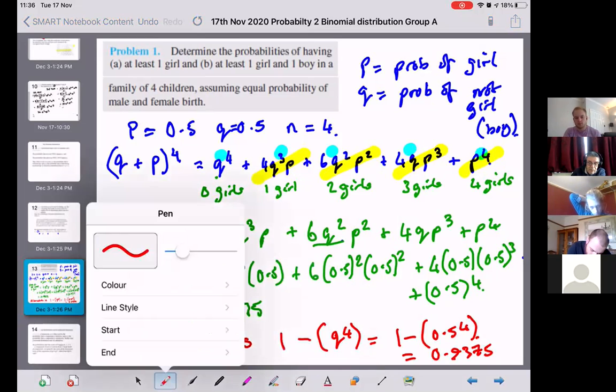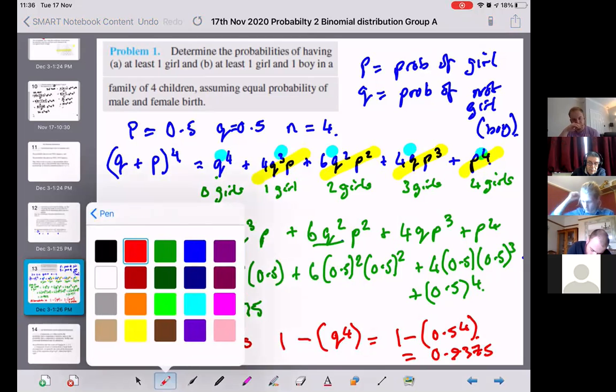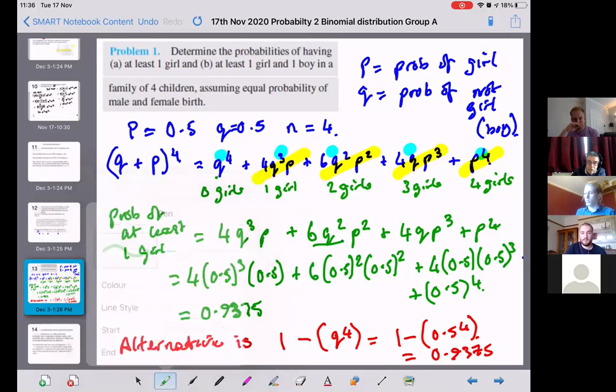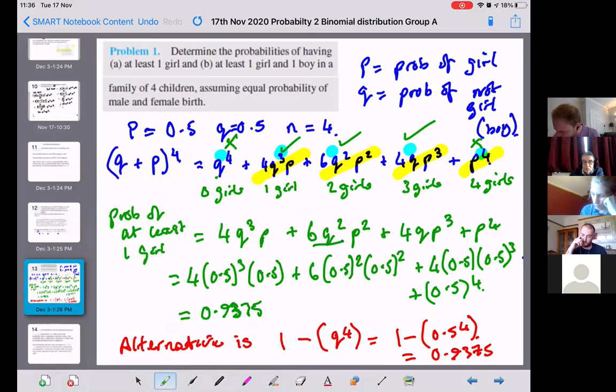If we mark them off, we don't want that one because it's got no girls. We don't want that one because it's got no boys. But we want that one, and that one, because they've got at least 1 girl and 1 boy.